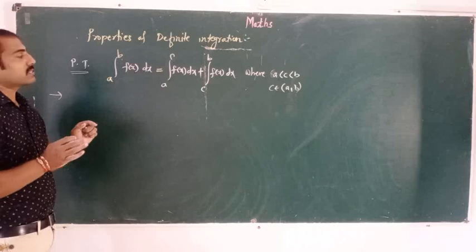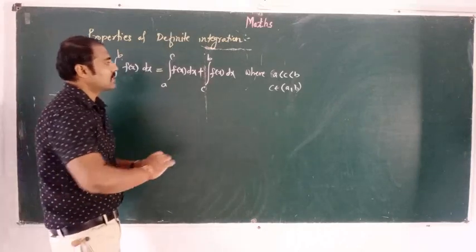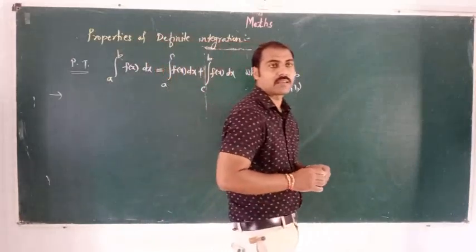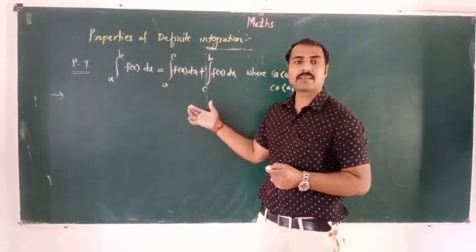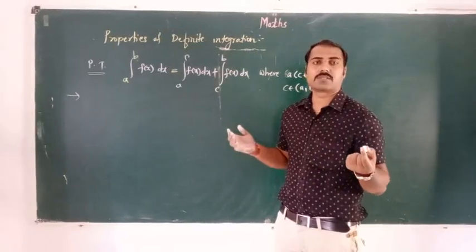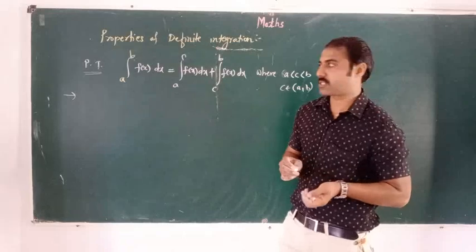If there is a number c between a and b, then we write a single definite integration as two definite integrations.